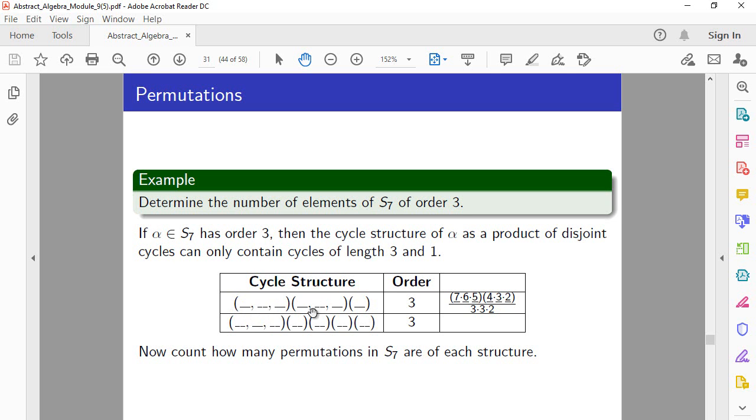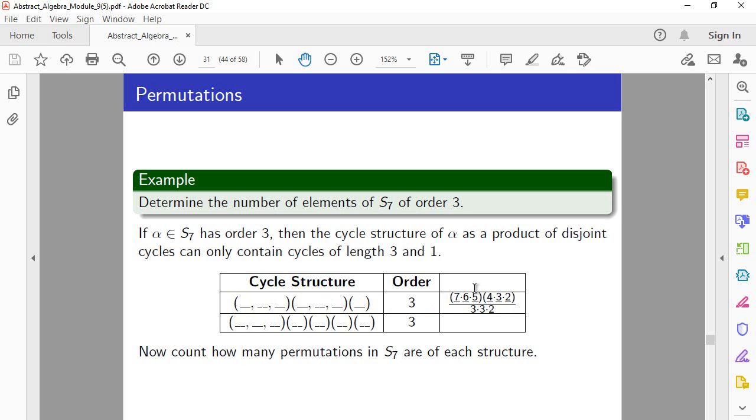Remember, these are disjoint cycles, so if I have 5 choices here, then for the next cycle I have 4, 3, and 2 choices here. So we have 7, 6, 5, 4, 3, 2. Those are the choices for each of these places.